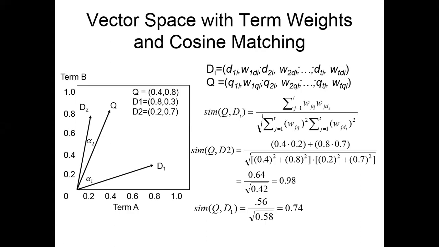First, we have to find the dot product, the summation of the product of the query terms against document terms.